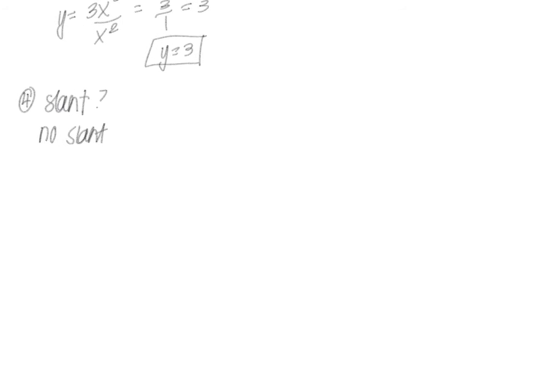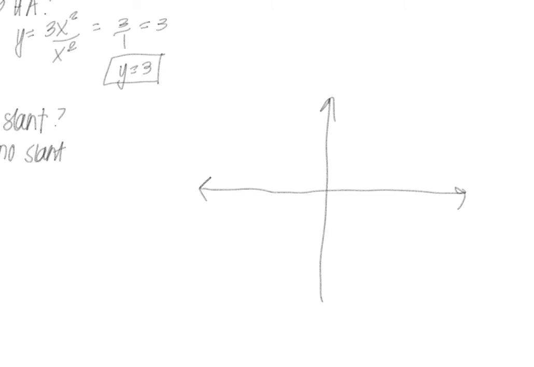From here, I'm going to get ready to graph, and that will show me where I need to find some more x and y values. I have vertical asymptotes at positive and negative 2. So let me get those dotted lines going. I don't really like that one. Let me go back and make it dotted.